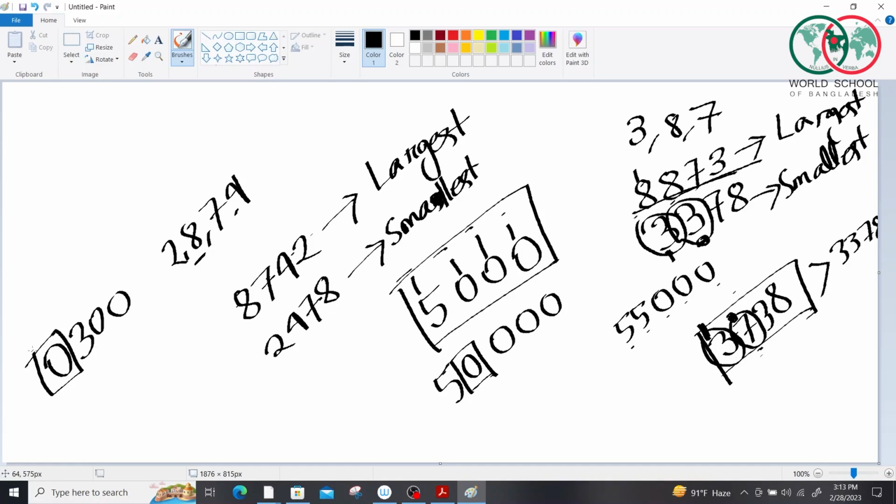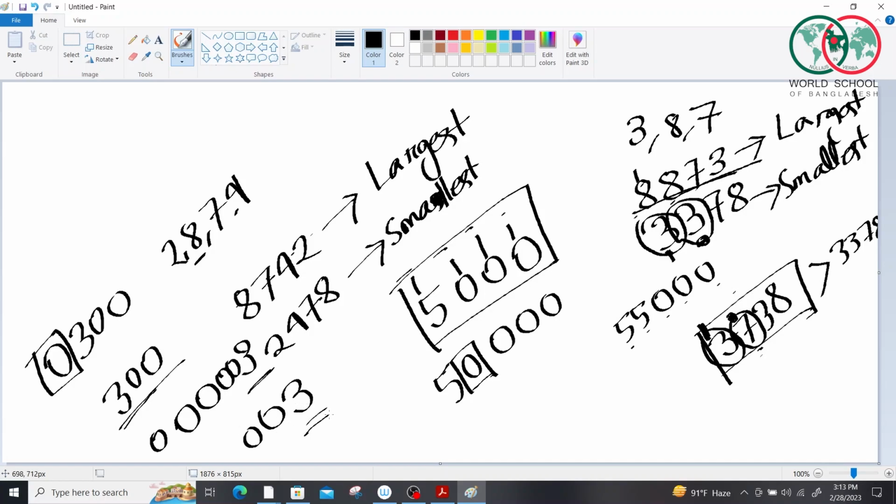Whenever 0 is written in front of any digit, it does not signify anything. But if we write 0 after any digit, it becomes 30. Another 0, it becomes 300. But if we write 1, 2, 3 or 5, 0 or 4, 0 in front, it doesn't matter. It still remains 3.